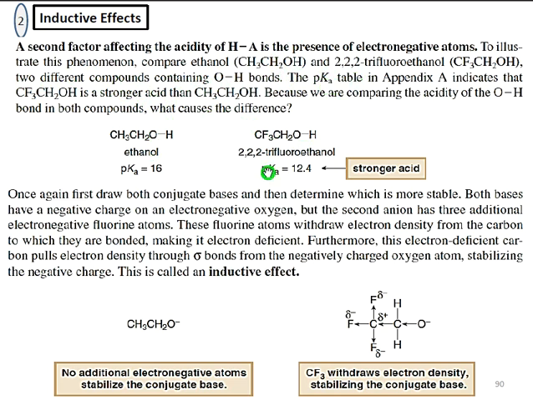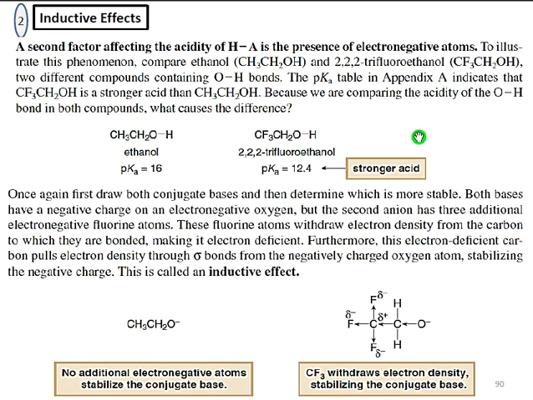From the pKa table, this pKa is 12.4 and this pKa is 16. The one with the lower pKa is the stronger acid. And here, because we are comparing the acidity of the same OH group bonded to the compound.